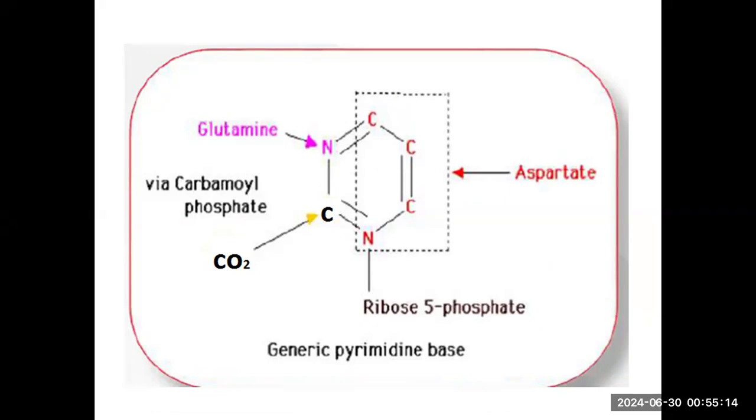That is, nitrogen from glutamine and carbon from carbon dioxide. The rest of the 4 atoms, that is nitrogen number 1, carbon number 4, carbon number 5, and carbon number 6, are contributed by aspartate. And sugar normally combines with nitrogen number 1 of the pyrimidine ring.